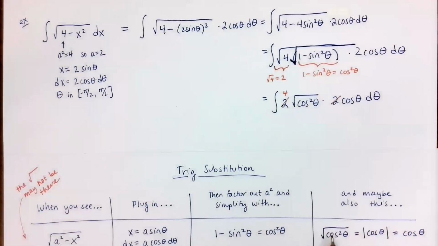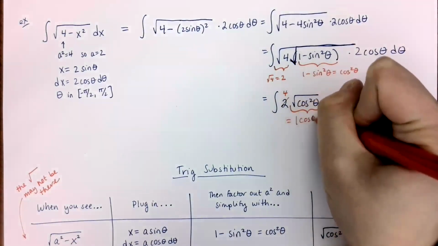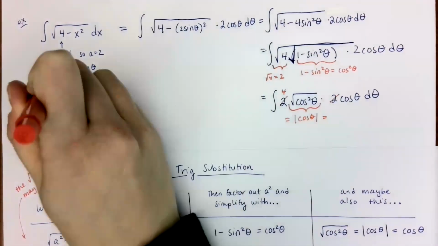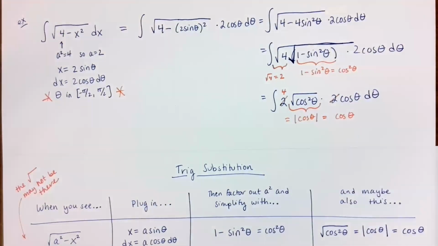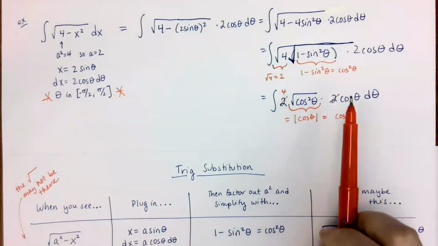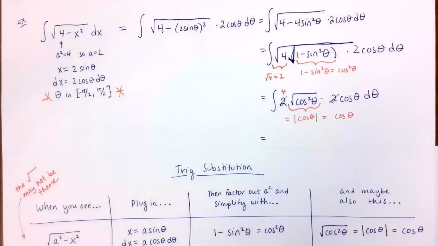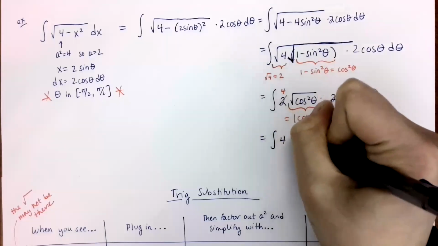So we can say, all right, well, technically that's the absolute value of cosine theta. But in this particular case, because of this restriction here, we can replace that with just plain cosine theta. We don't have to worry about those absolute values, which is good. So I have a cosine here and a cosine here. That gives me cosine squared with that 4.